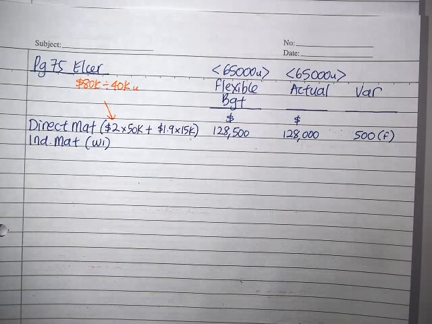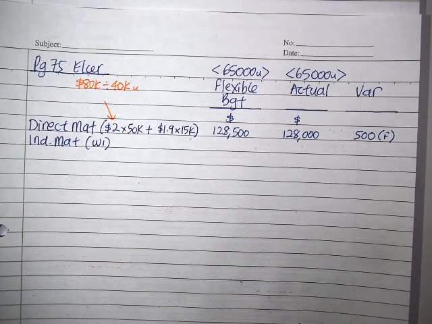So for the indirect material, now class, what you can do is you have a few ways lah. Okay. So the normal basic way, which you start from bottom, do all the way to the end, is like what we've been doing in the class. Now I'll do in this manner.